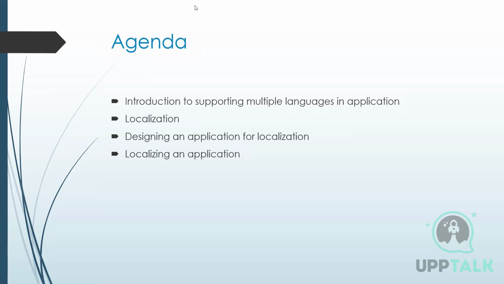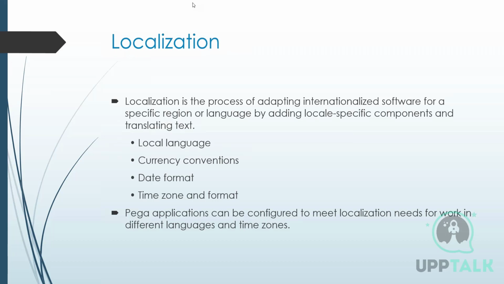Right, but before that, let's see what this localization is all about. Now suppose, let's take a scenario where you started developing your application, and initially you would like to serve the Indian community. Okay, let's assume an insurance application that you have built, and it is targeted for the Indian users.